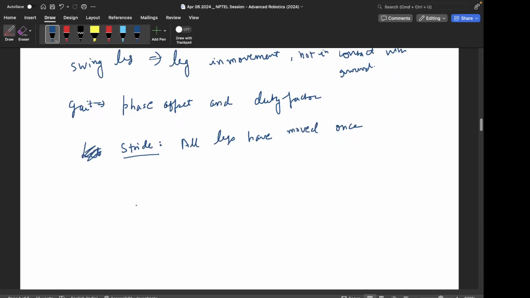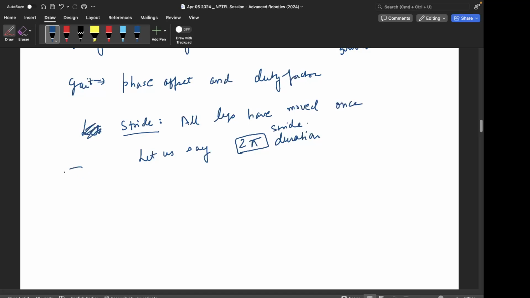Let us say it is of 2 pi duration. 2 pi is the stride duration. 2 pi is just like a circle angle, right?